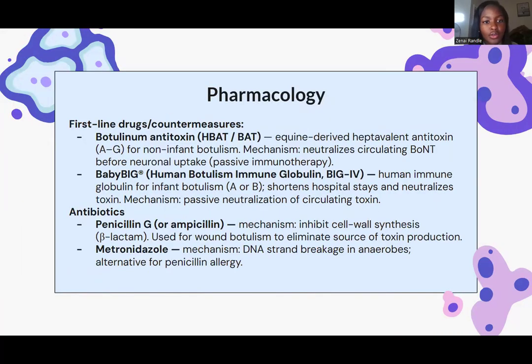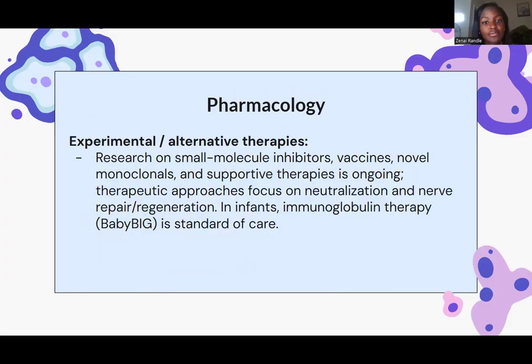Some drugs used are HBAT, an antitoxin for non-infant botulism. Then for infants, they have BabyBIG, both passive ways of treating botulism. And then we have penicillin and metronidazole mentioned previously.